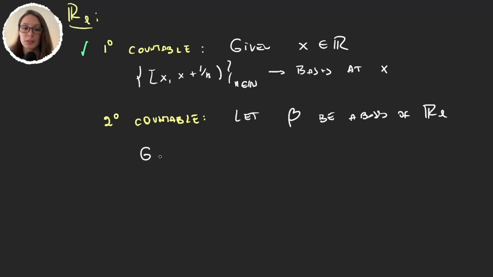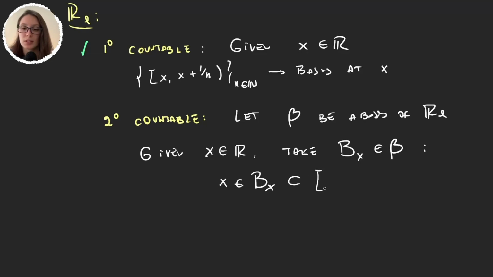Given any element x in the space, we can take some basis element B_x such that x is an element of B_x, and B_x is contained in the set [x, x + 1). That's because B is a basis, and this set is just a neighborhood of x, so there always exists some basis element B_x such that this happens.